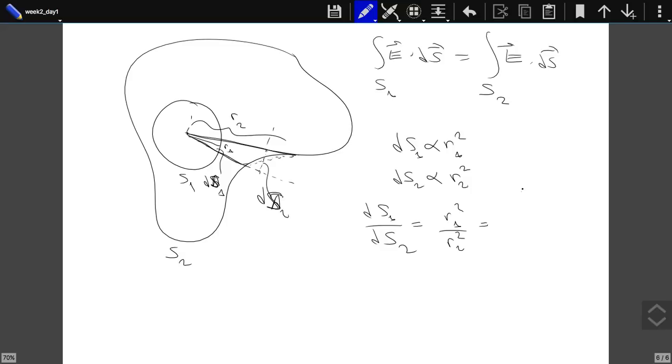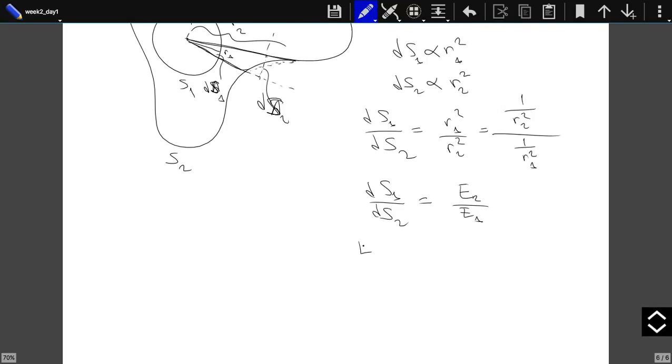This is equal to 1 over R2 squared divided by 1 over R1 squared. But that is equal to the magnitude of E2 divided by the magnitude of E1. So E1 times DS1 is equal to E2 times DS2.